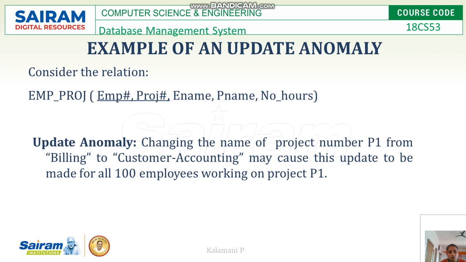Here is how the update anomaly arises. Suppose we are changing the project name billing to customer accounting. If there are 100 employees, all 100 employees working in that corresponding project P1 should be updated. Otherwise duplication of data will occur.